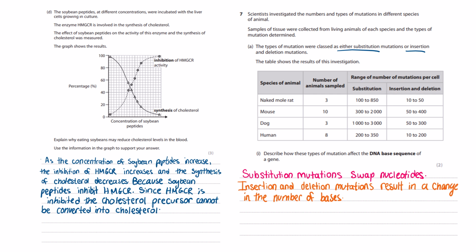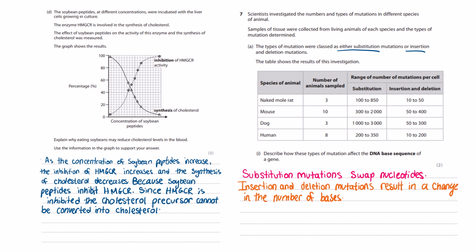Now notice how as the inhibition of HMGCR activity increases, our synthesis of cholesterol decreases, therefore there is a correlation between what's happening. So explain why eating soybeans may reduce cholesterol level in the blood. Use the information in the graph to support your answer.